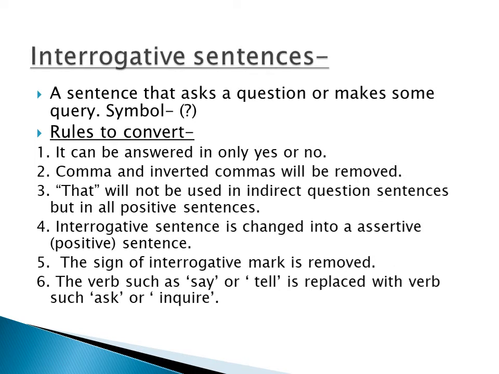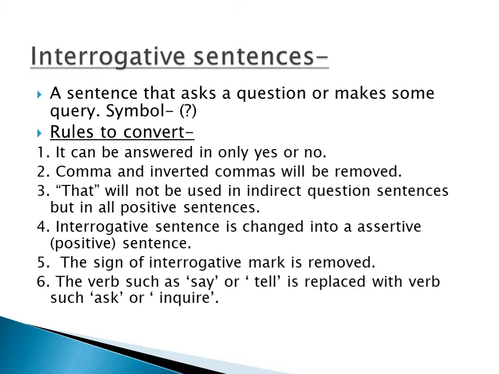Interrogative sentences. A sentence that asks a question or makes some query is called an interrogative sentence. Some rules to convert it. It can be answered in only yes or no. Comma and inverted commas will be removed. That will not be used in indirect question sentences but in all positive sentences.